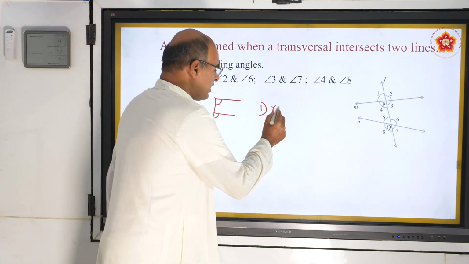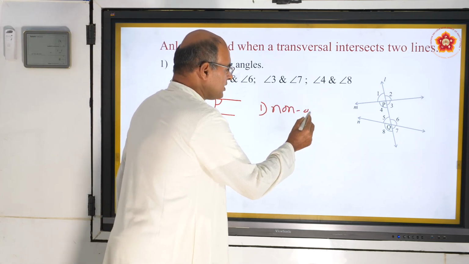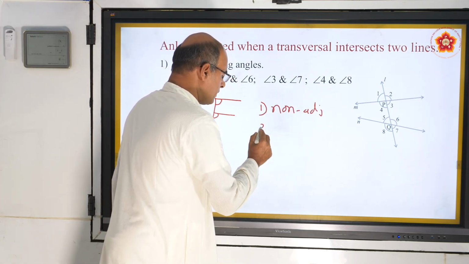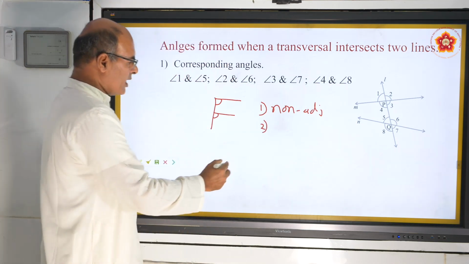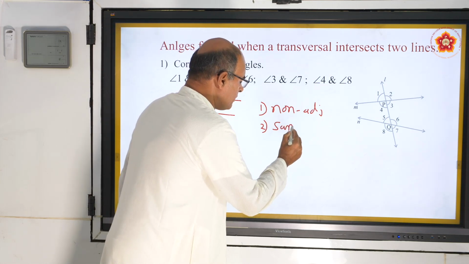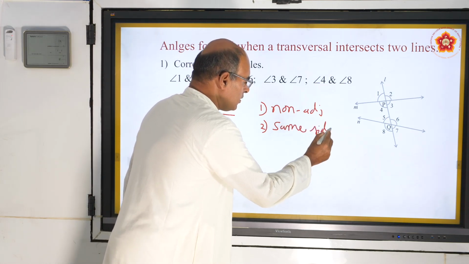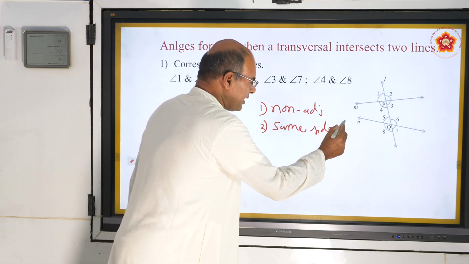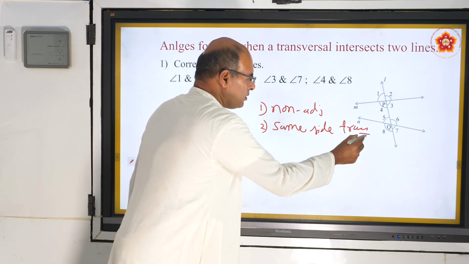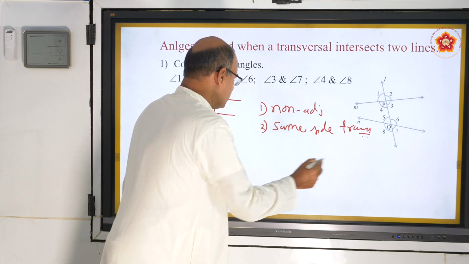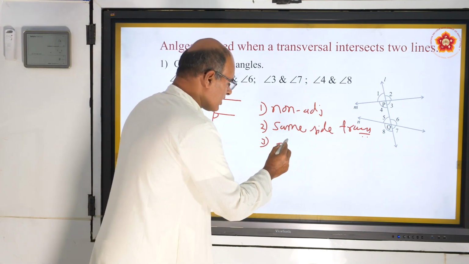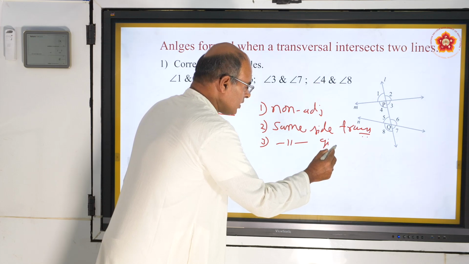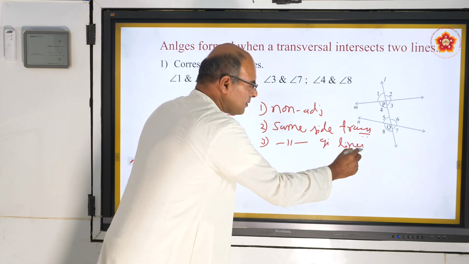They are non-adjacent angles, they are on the same side of the transversal, and on the same side of the given lines.